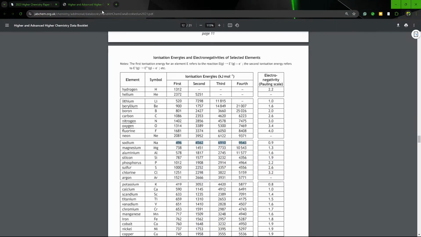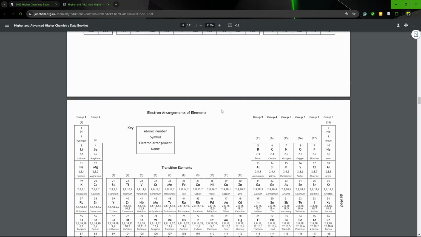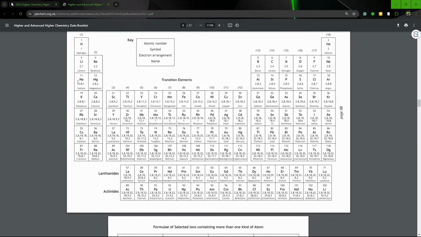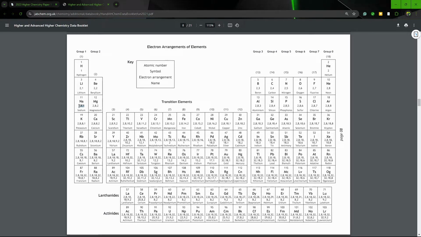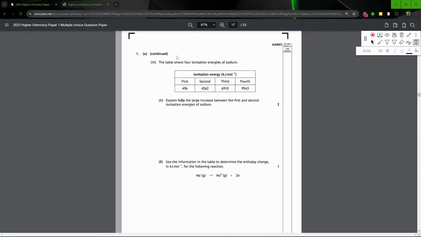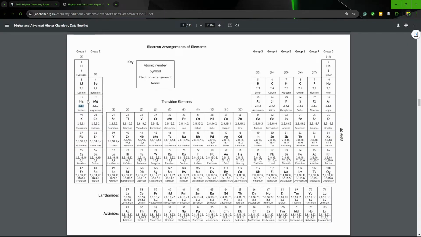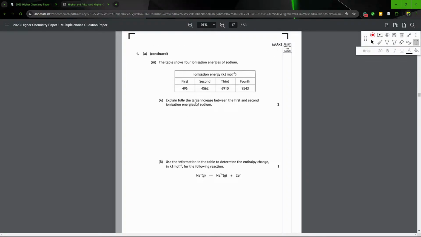Well, the way we answer that is if we have a look at sodium's position in the periodic table, this one here on page 8, we can see it's got 496, which means first ionization energy is so low because you're just taking it away from its outermost shell. But then, if you try to do the second one, you're actually taking it away from an inner shell, which is closer to the nucleus, and it's less shielded from inner shells. So it's very hard to remove. So that's exactly what I'm going to put.